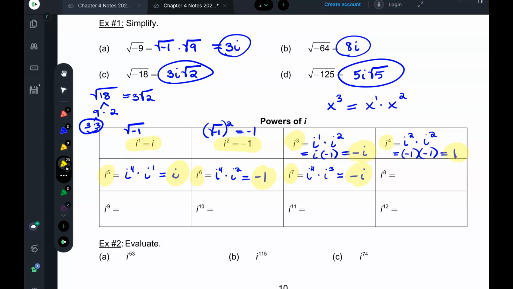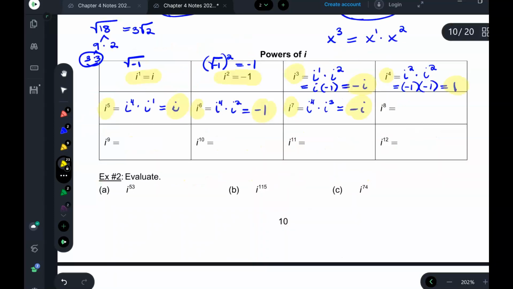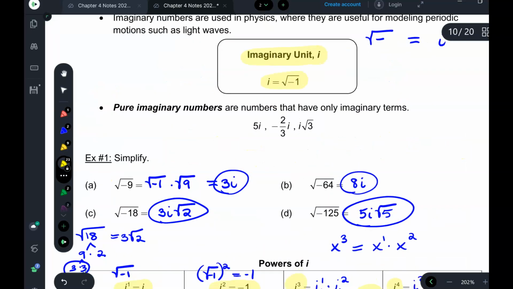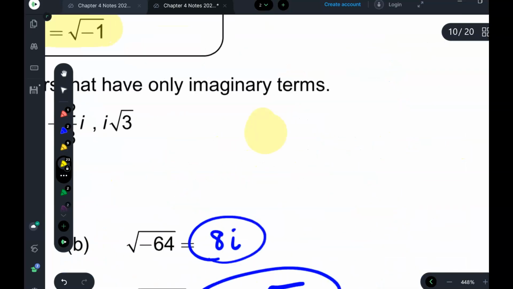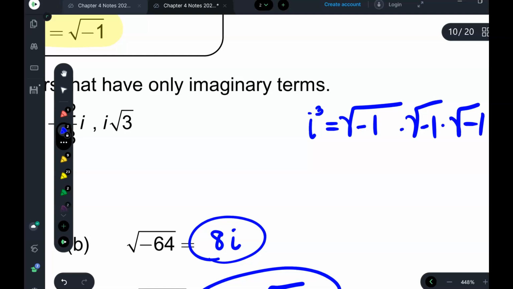If you go back to what your exponents mean, remember, i to the third is what it really means: the square root of negative 1 times the square root of negative 1 times the square root of negative 1.